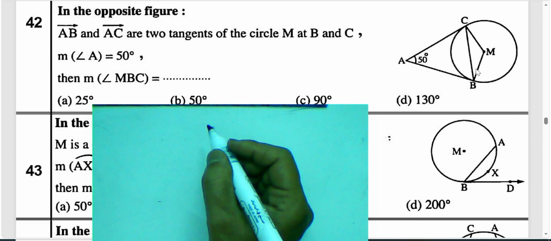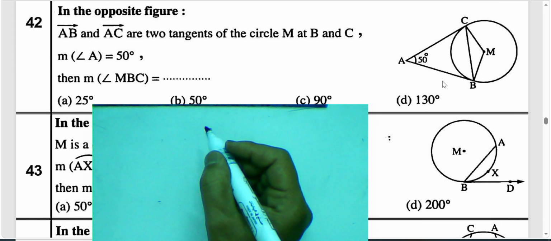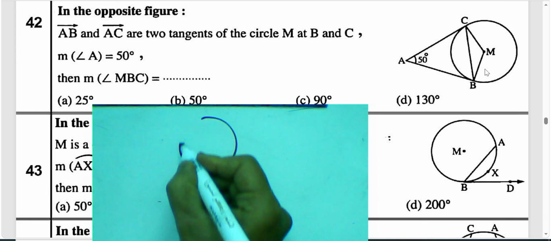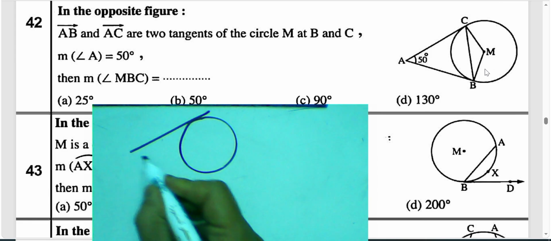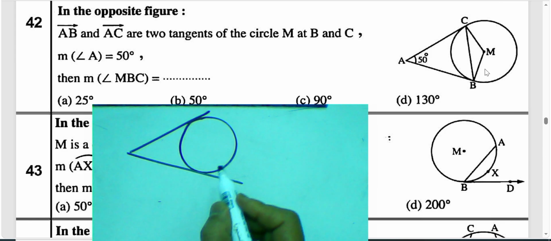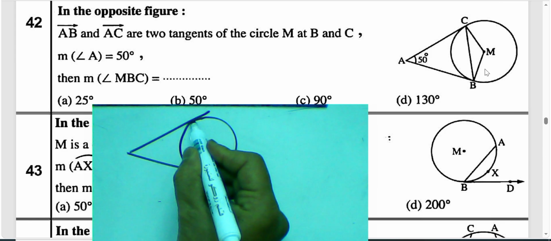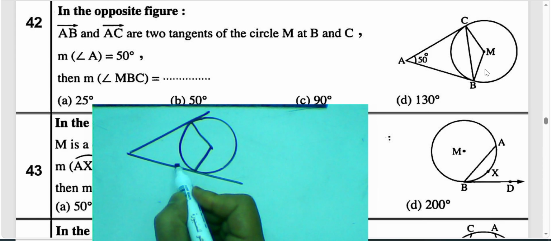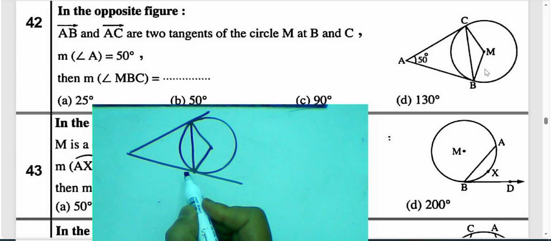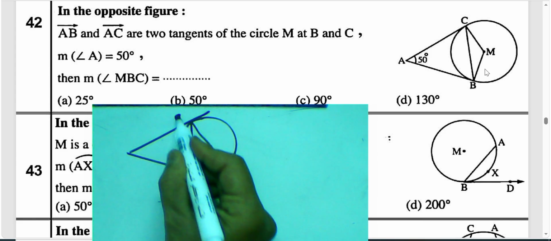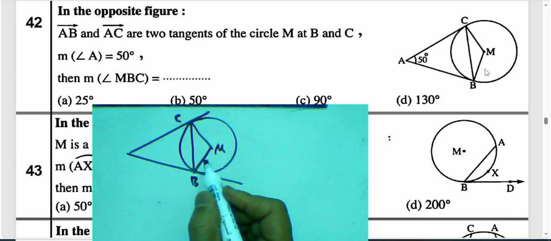MBC here will be 90 subtracted by 65, because MB is perpendicular to AB, since the tangent is perpendicular to the radius. I will draw here to make it understood. We have two tangents like this, and we have the circle here, it is perpendicular, and this is also perpendicular, and we draw here the chord CP. He wants to find the measure of angle MBC here.